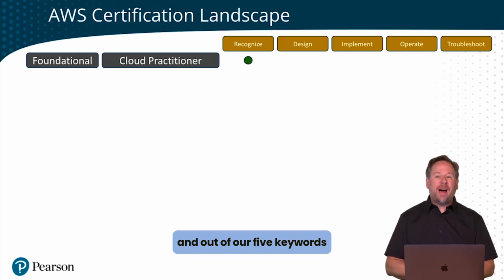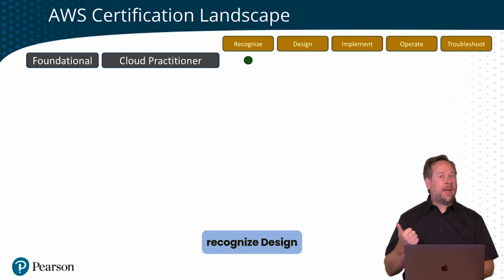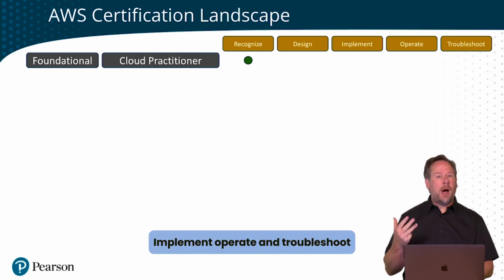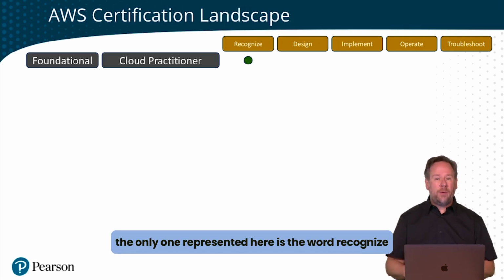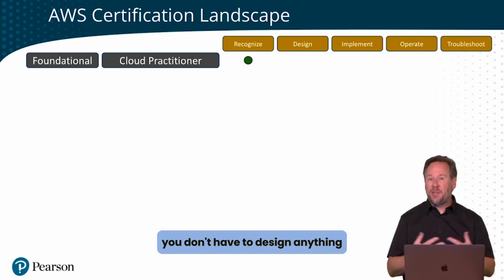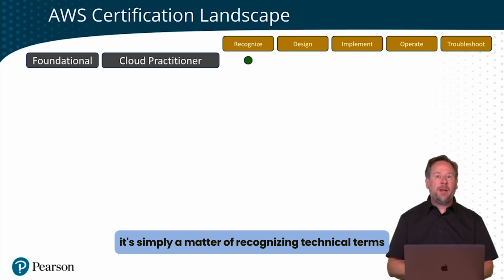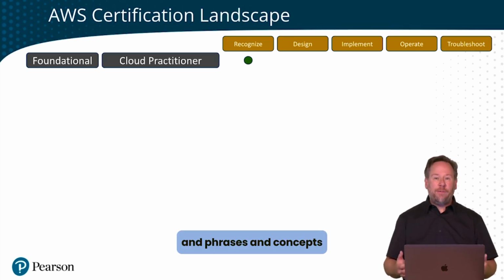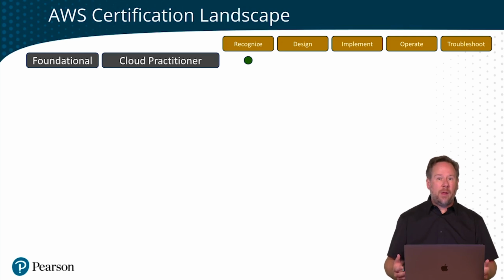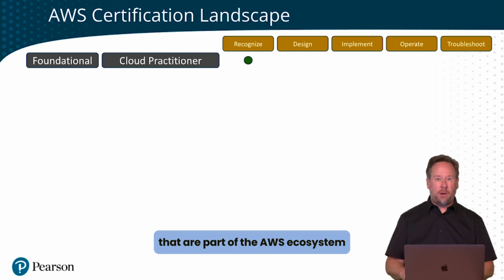And out of our 5 keywords, recognize, design, implement, operate, and troubleshoot, the only one represented here is the word recognize. You don't have to design anything, you don't have to operate, you don't have to troubleshoot. It's simply a matter of recognizing technical terms and phrases and concepts that are part of the AWS ecosystem.